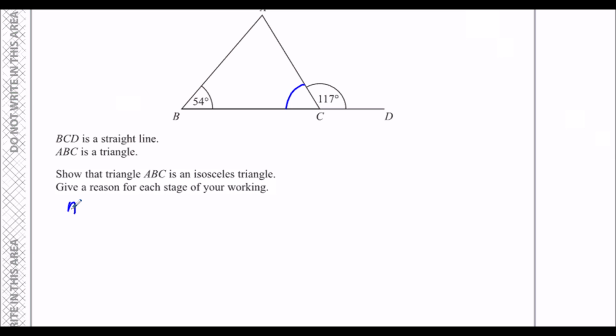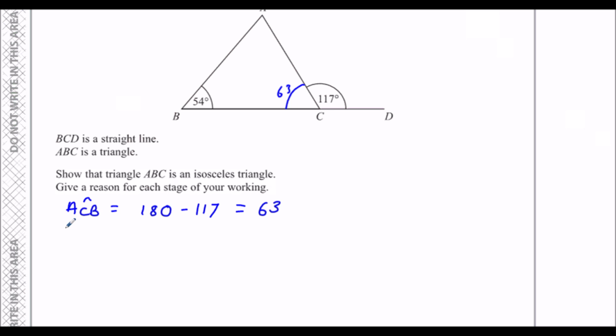So if I write ACB, angle ACB is going to be 180, take away 117. So 180, take away 117, and that's 63 degrees. And we need to give a reason for each stage of our working.